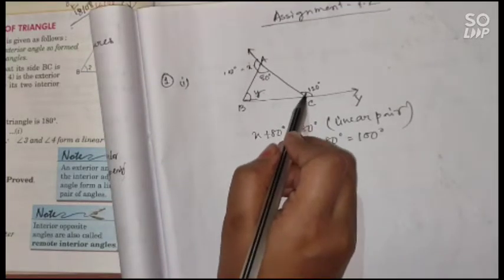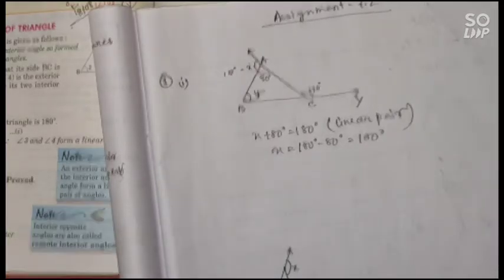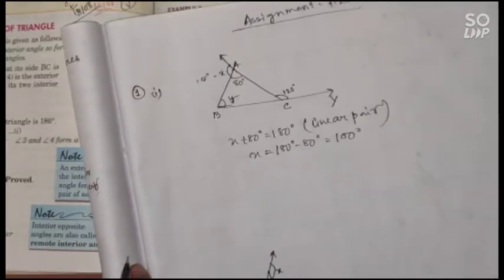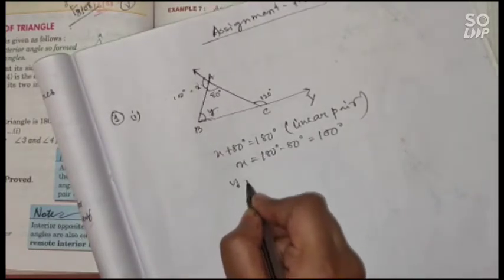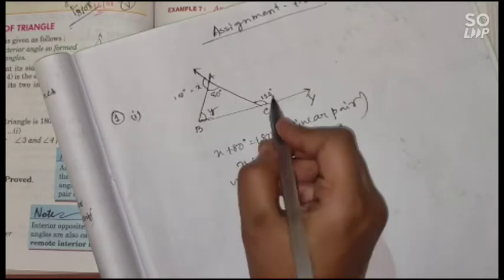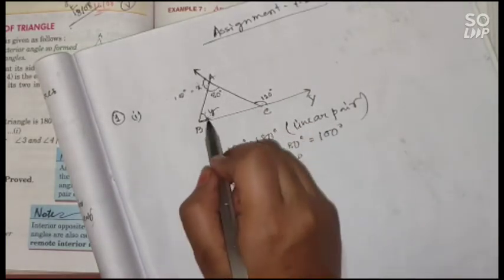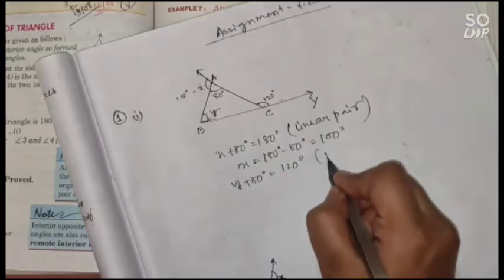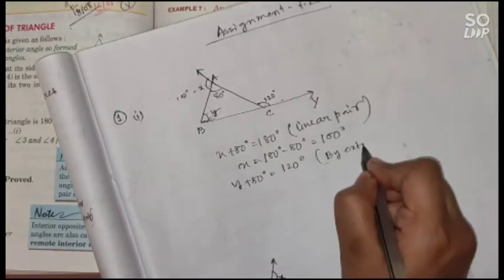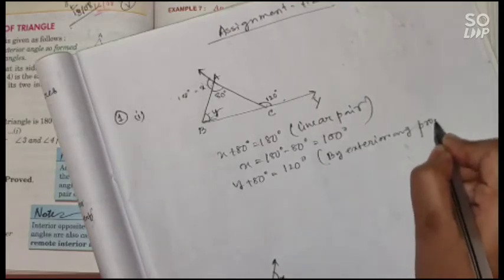You know that the exterior angle is equal to the sum of the two opposite interior angles. So y plus 80 degree equal to 120 degree, because this is the exterior angle and these are the two opposite interior angles. So y plus 80 equal to 120 by exterior angle property.